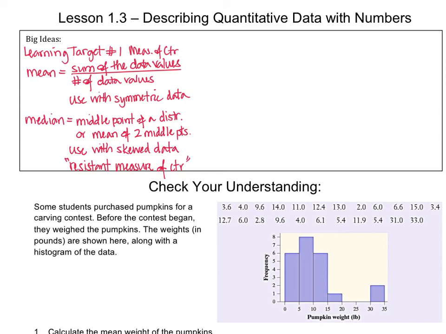Our next learning target was about variability. And the first measure of variability that we talked about was the range, which is the maximum minus the minimum. Then we have the standard deviation, which has that ginormous formula, which thankfully will be on your formula sheet so you don't have to memorize it. Now, what does the standard deviation do for us? One of the parts of the learning target was that we wanted to be able to interpret it.